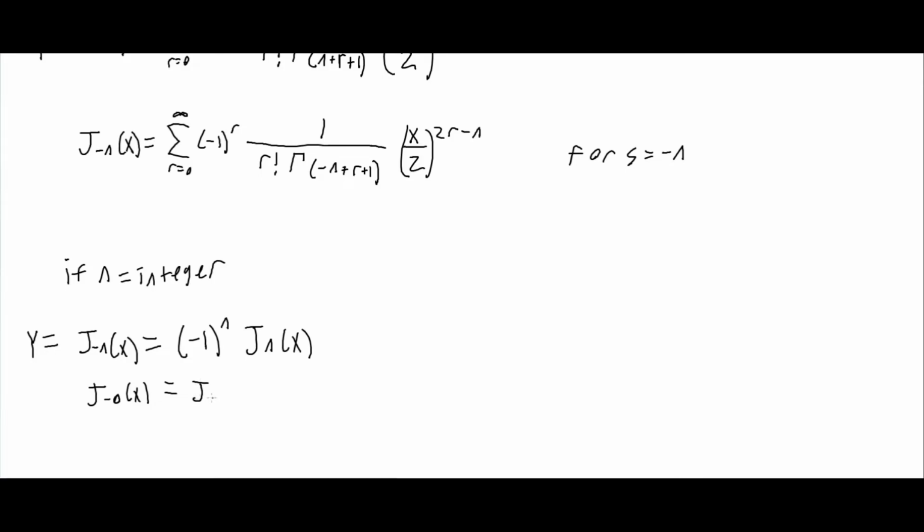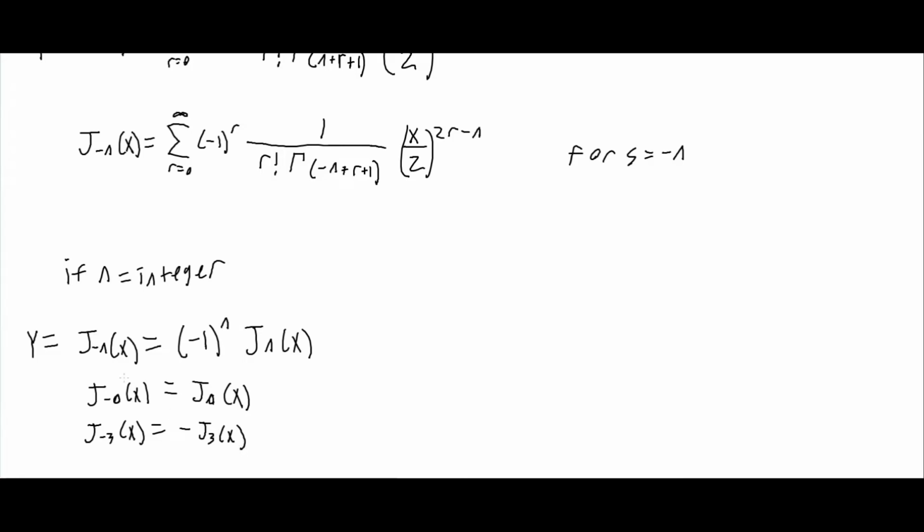And so it would just be equal to Jn, which is J0 of x. And so if we had, for instance, n equals 3, say, so J to the minus 3 of x, well, minus 1 to the 3rd power is minus, and so this would be minus J3 of x.